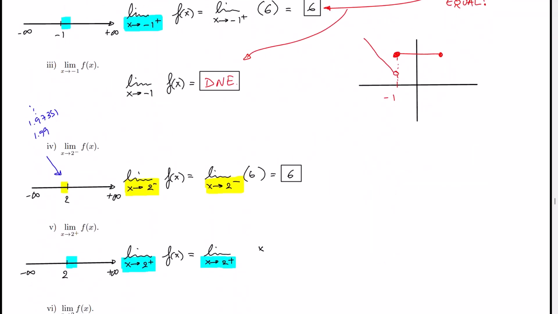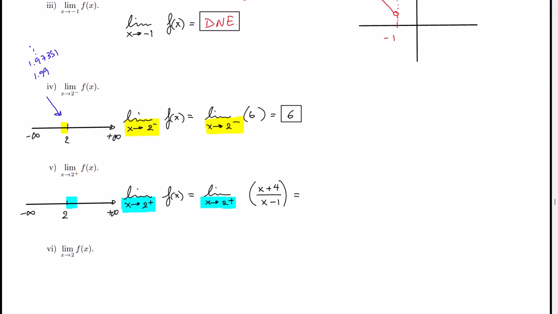So I write x plus 4 divided by x minus 1. And now it's just a matter of direct substitution, plugging in the number 2 plus. So 2 plus plus 4, and then 2 plus minus 1. So wherever there used to be an x, we're going to remove it and write 2 plus.